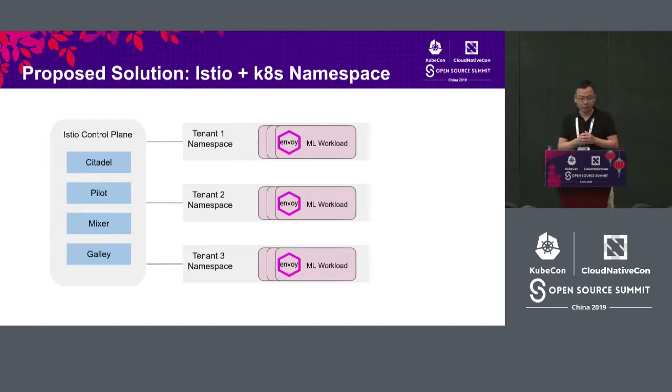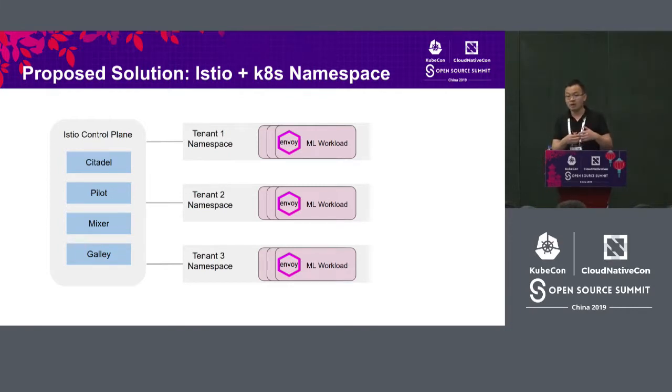So here is our proposed solution, which is Istio plus Kubernetes namespace. Each tenant has its own dedicated namespace. Basically, they run their workloads in their namespace.